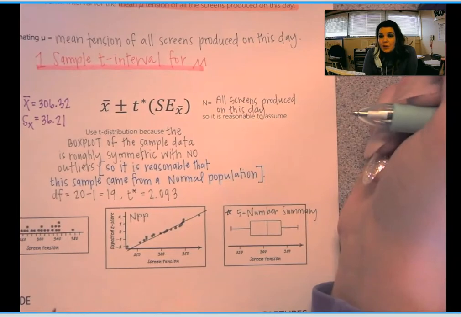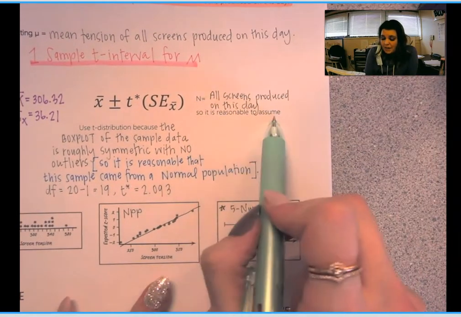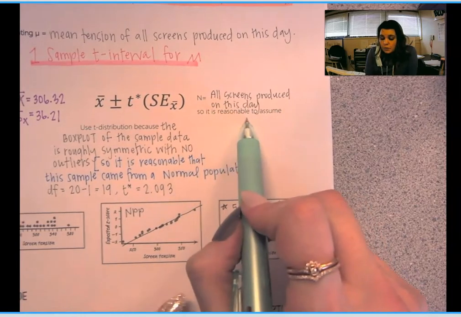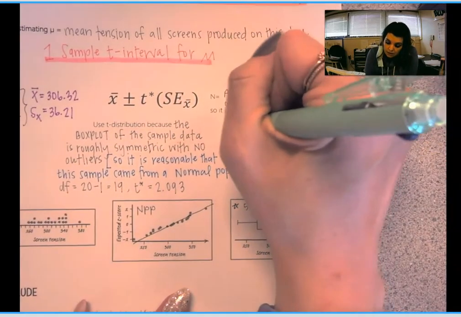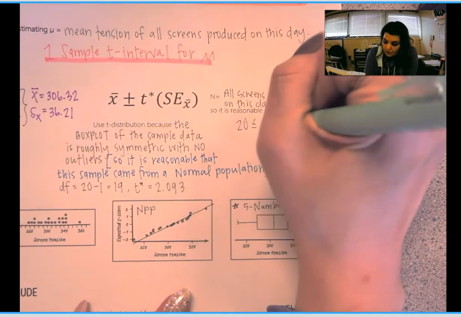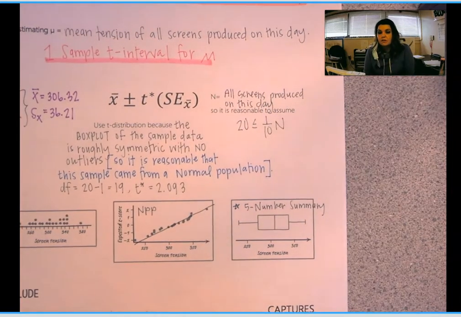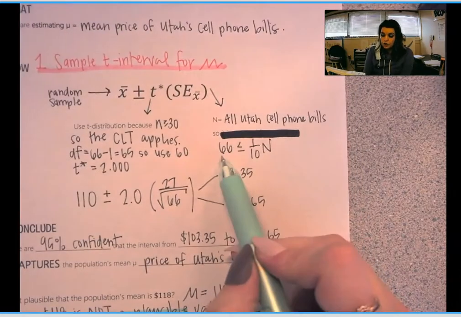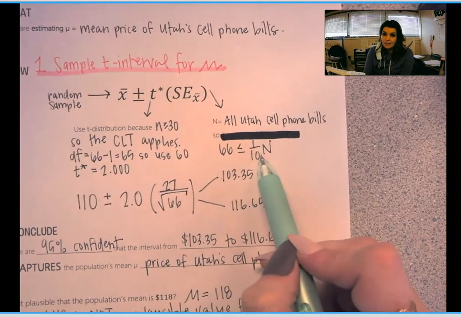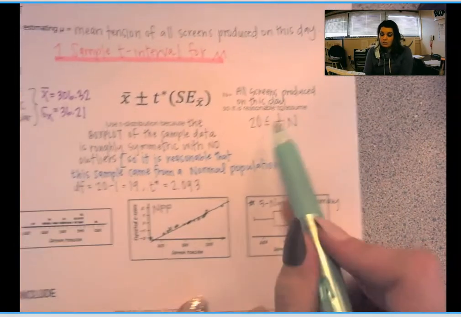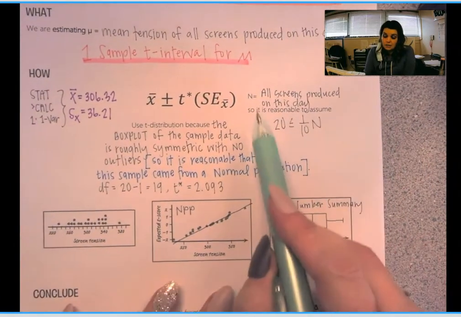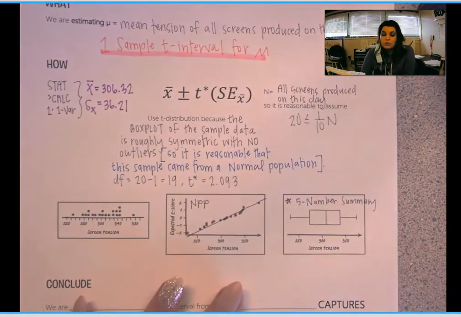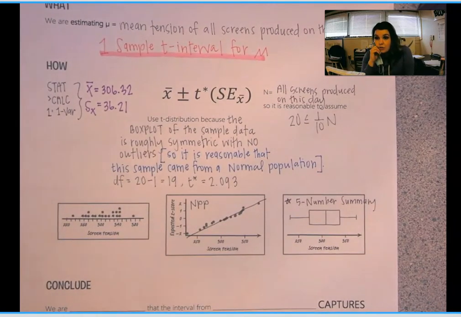Well, I have no idea how many screens they can produce in a day, so I definitely have to say, so it's reasonable that 20 is less than or equal to 1/10 N. In the last problem, I was sure 66 was less than 1/10 of the population. In this one, I have no idea, so I'm just going to say it's reasonable to assume that they make at least 200 screens a day.